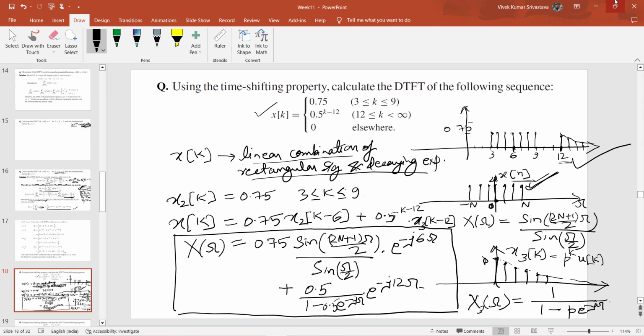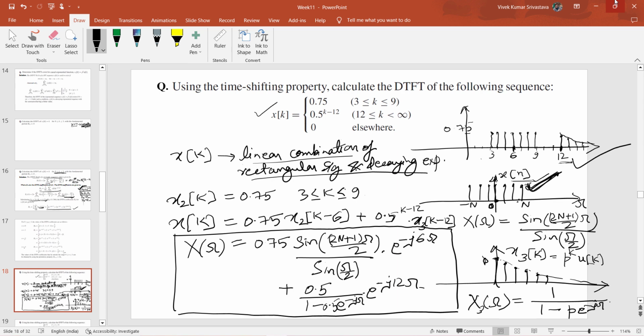Sir, can you explain that shifting? I always get confused about the left shift. See, this is my original signal, and from this original signal I am deriving the given signal.